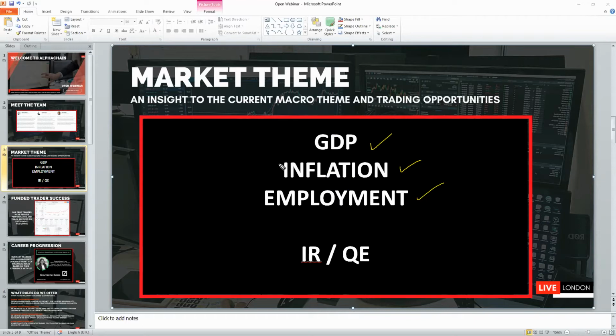Now, there are other smaller macro data releases like retail sales and the producer prices index. Those also matter for the larger picture. But right now, we're entirely focused on the key metrics that a central banker views on an ongoing basis.